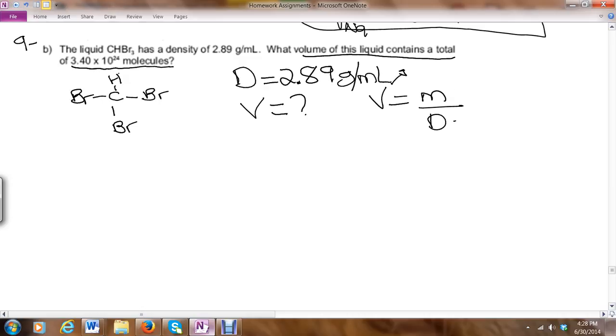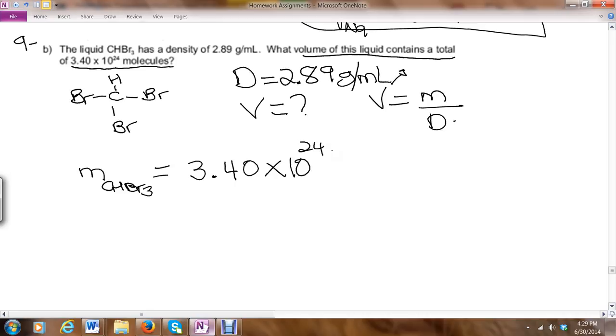Yes, because given the number of molecules, if we do the following conversions, we get the mass of the liquid CHBr3. We use the number of molecules that we have of the whole compound.